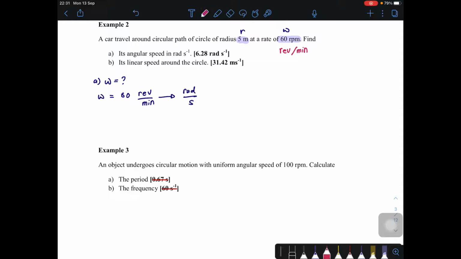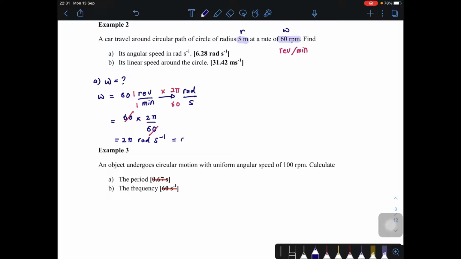So remember, one revolution is equal to 2 pi radian and 1 minute is equal to 60 seconds. So just darab saja macam biasa. 60 times 2 pi divided by 60. So this one akan cancel. So dapat 2 pi radian per second, ataupun kamu boleh leave it in terms of pi.